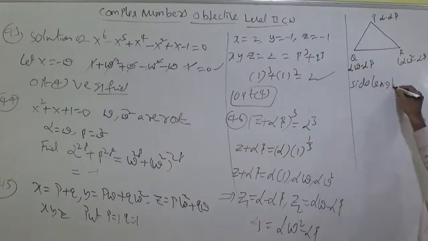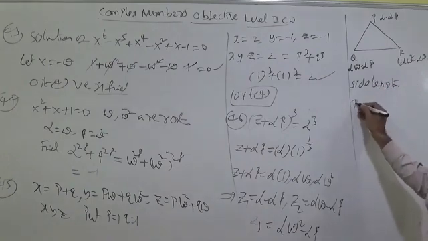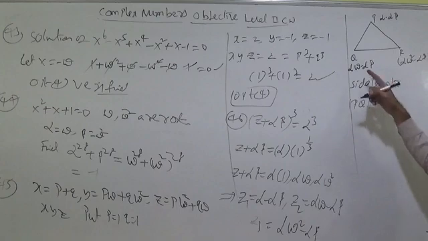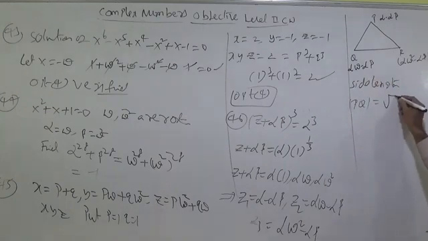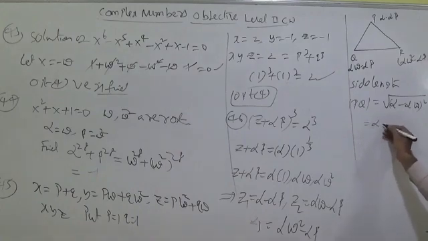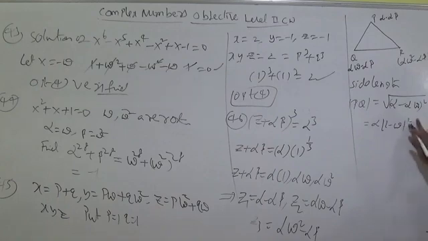Length of side: modulus of PQ is equal to root of the square of alpha minus alpha beta minus alpha omega, minus of minus becomes plus alpha beta. So alpha minus alpha omega, total squared; you can take alpha common, so it is modulus of alpha into 1 minus omega.